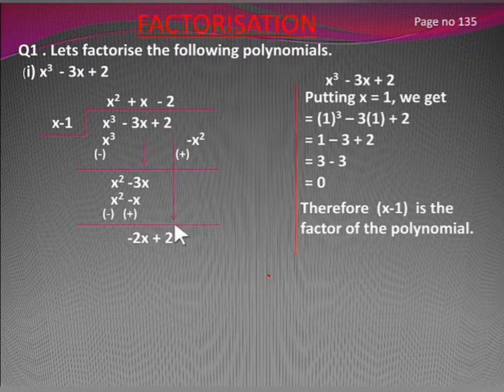Now when we multiply x with this minus 2, we get minus 2x, and minus 1 with minus 2, we get plus 2. Change the sign. 2x minus 2x is 0. 2 minus 2 is 0. The remainder will be 0.